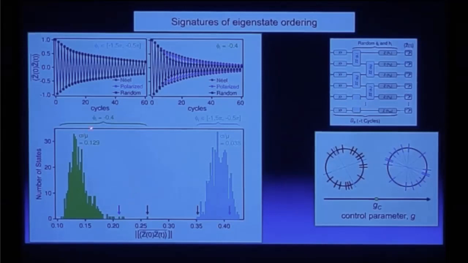However, when you're away from the localized case, depending on your initial state, you have a very wide distribution, and these initial states by no means show the typical behavior of the response of the system. Okay, this was 500 initial states, but this is only a fraction of a percent of the size of the Hilbert space we are dealing with.